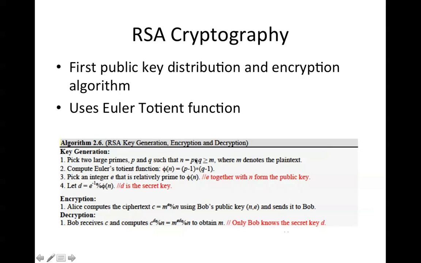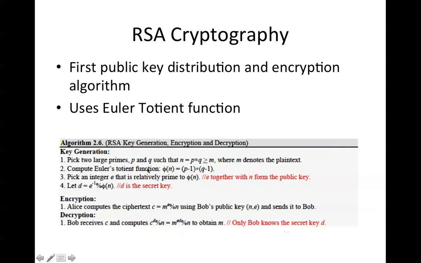Very, very fast algorithms would have to be invented to discover them. N is given, obviously, because whoever wants to receive messages, let's say Alice or Bob, will have to create this N out of P and Q. But P and Q are known to the person who makes his or her public key.